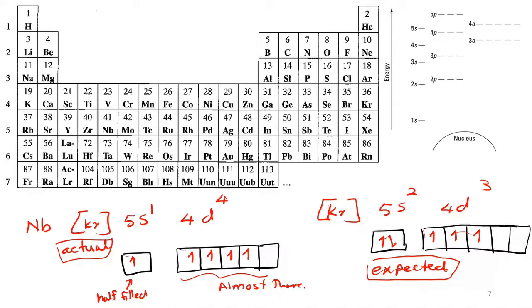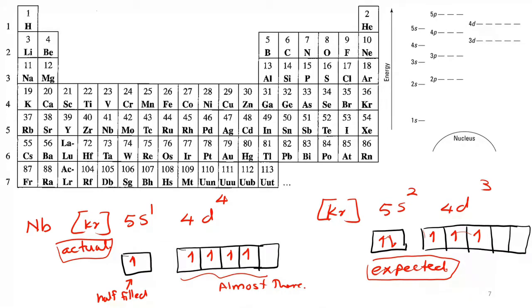But in the expected one, it is not the case. I mentioned that when you have electron configuration, either the orbitals are completely filled or half-filled, there is this stability. So we can attribute this to that stability.